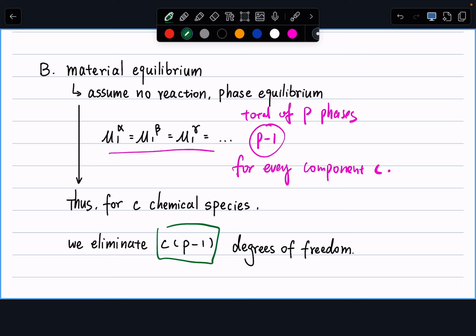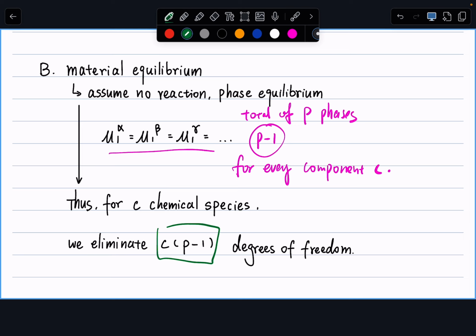And then let's solve this equation, right? So in this case, we start from a very simplistic way of thinking, like what is the total amount of intensive properties that exist in the system, and then remove the degrees of freedom based on their connection to each other. And we end up getting PC plus 2 minus P minus PC plus C. Right, so my PC and PC will cancel out.